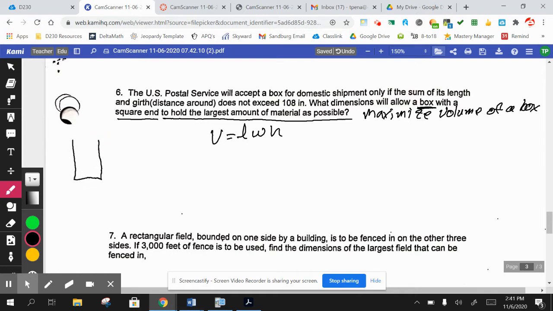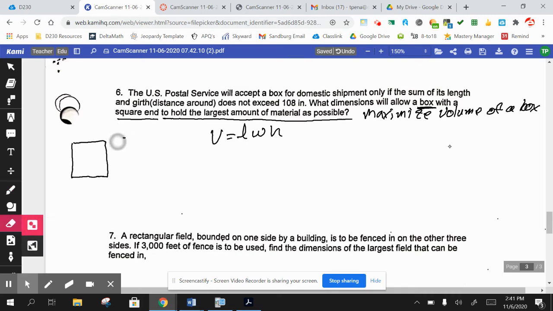That's a bad square. Let's try that one more time. It's a little better. And then let's draw in a box with a square end. Don't judge. Not an artist.